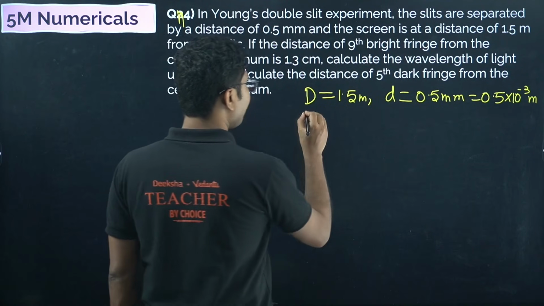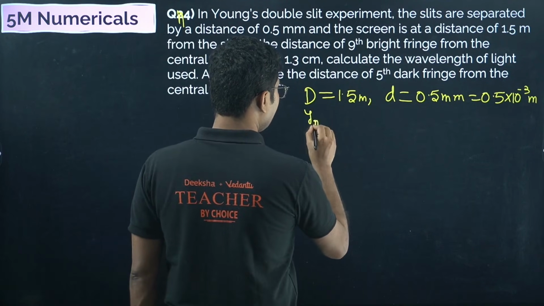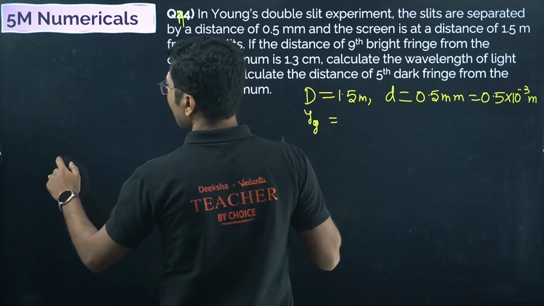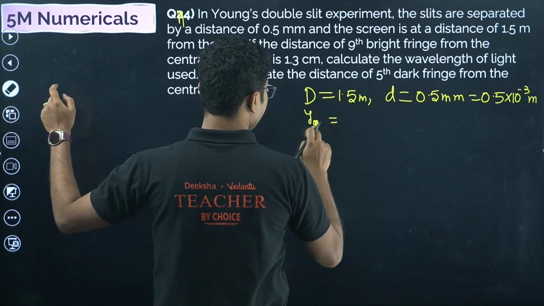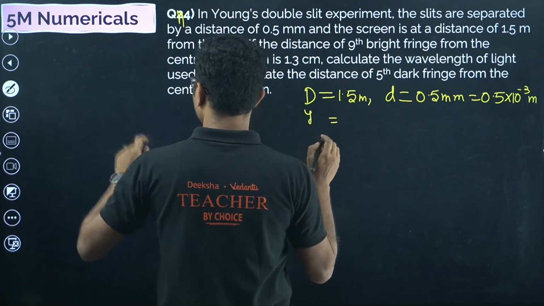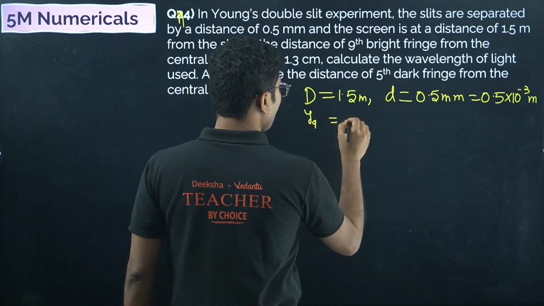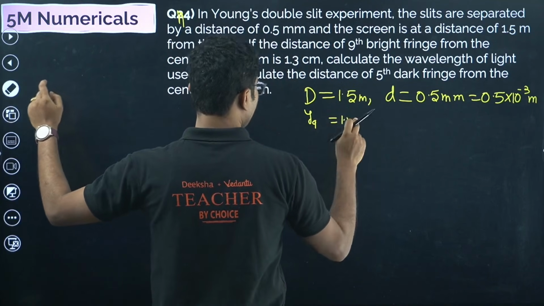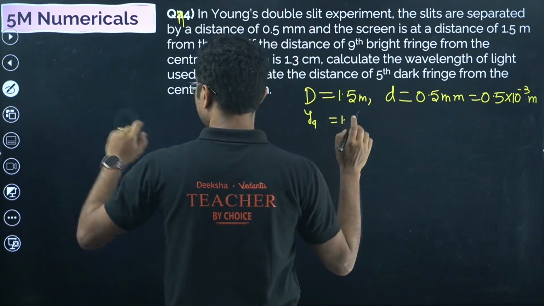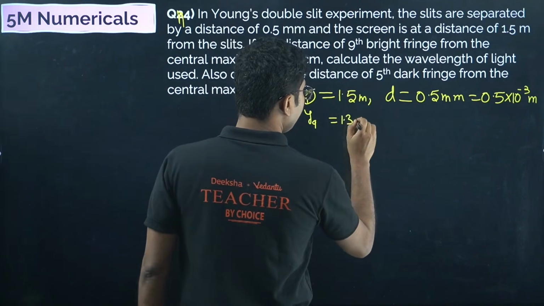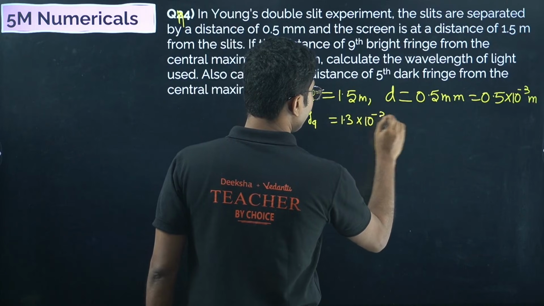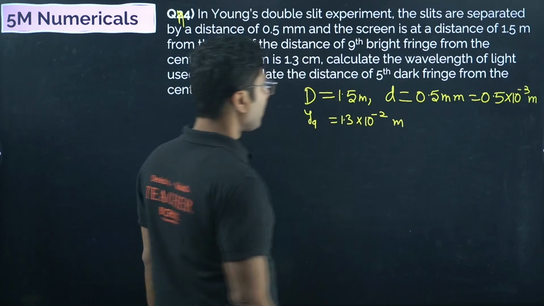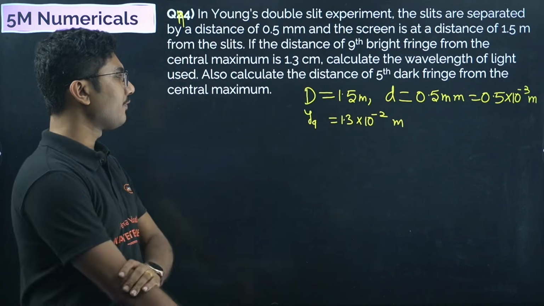Y9 is given as 1.3 centimeter, that is equal to 1.3 into 10 to the power of minus 2 meter. Okay, these are the facts that are given.